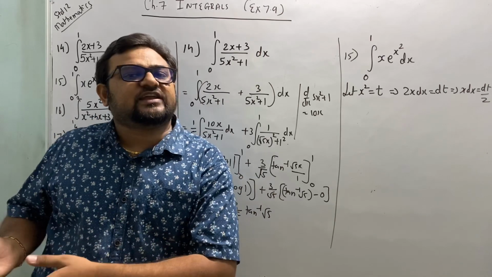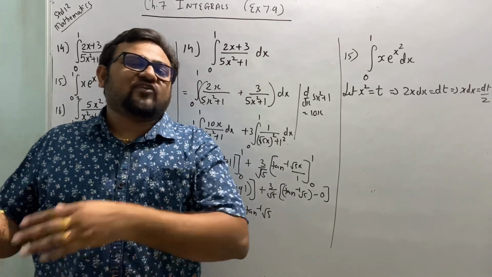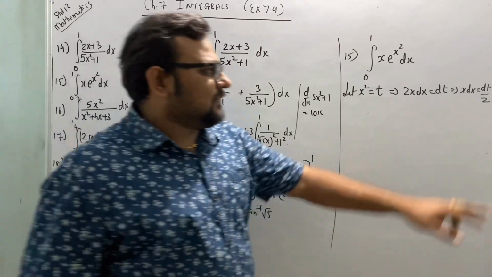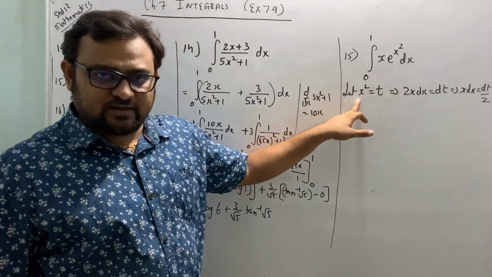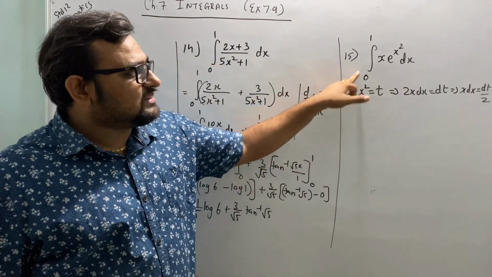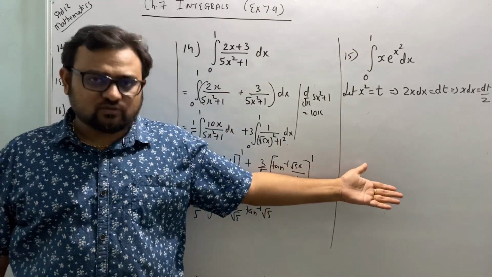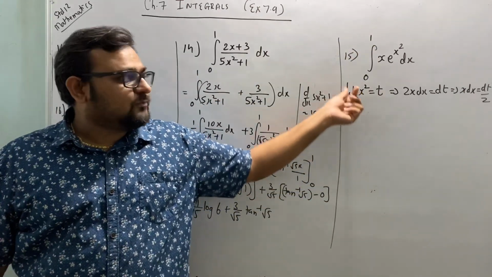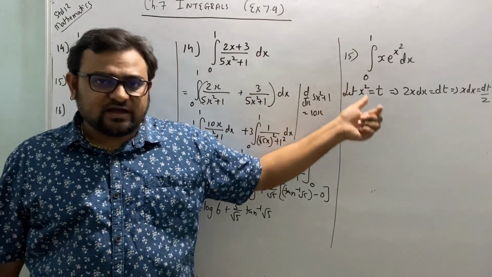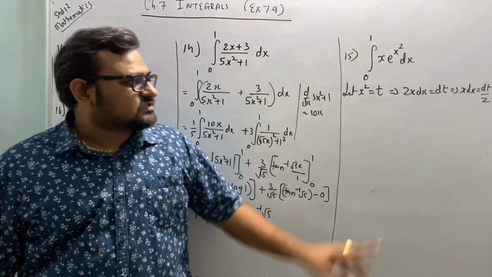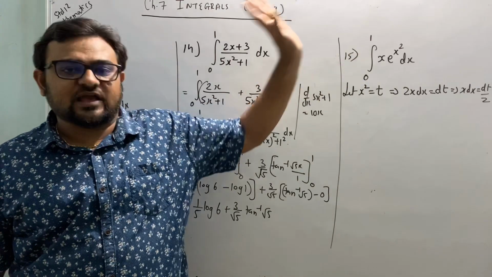In indefinite integration, in the final answer we were replacing t with x square. But now, as we are having limits, we will not do it. We can do that also, replacing t with x square and putting the lower and higher limit, but a better option is to just replace the lower limit and higher limit.